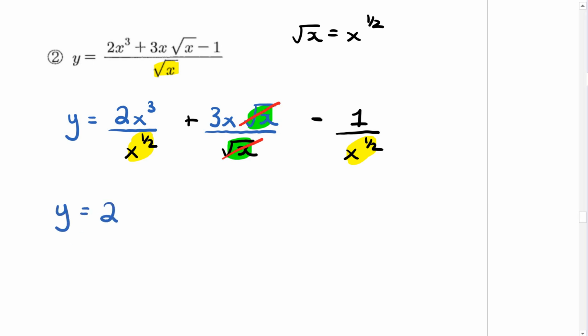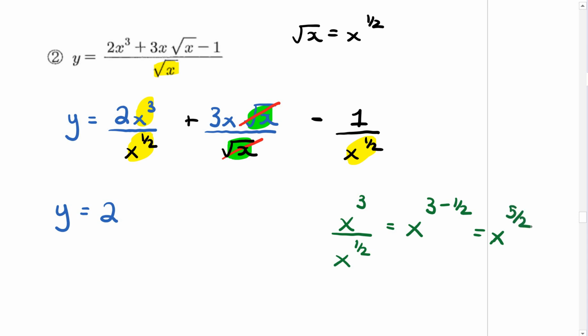2. Now take a look at this part here, x cubed divided by x to the 1/2. If you have to do a side calculation, we're really doing x cubed divided by x to the 1/2, which is the same thing as x to the power of 3 minus 1/2. So think about this logically, right? It's like $3 minus 50 cents, which is 2.5, right? And 2.5 is really 5 over 2.